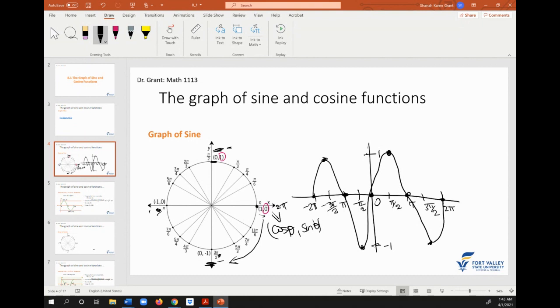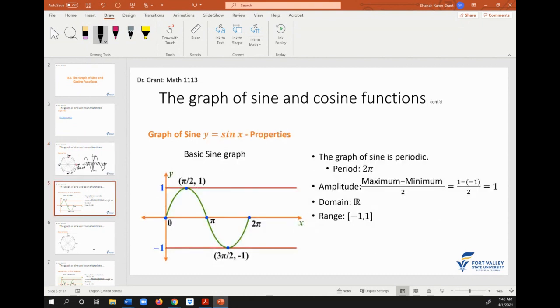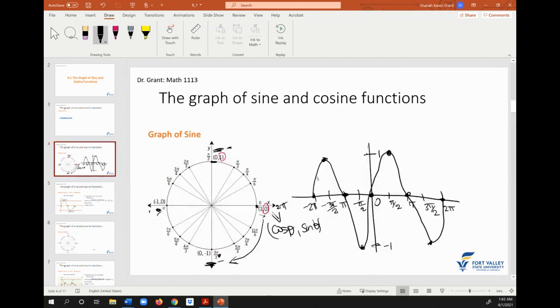Alrighty. So this is a more accurate graph of sine. And so, of course, the graph of sine is periodic. What do I mean? If we look at the one that was just drawn, notice that from here to here is being repeated.